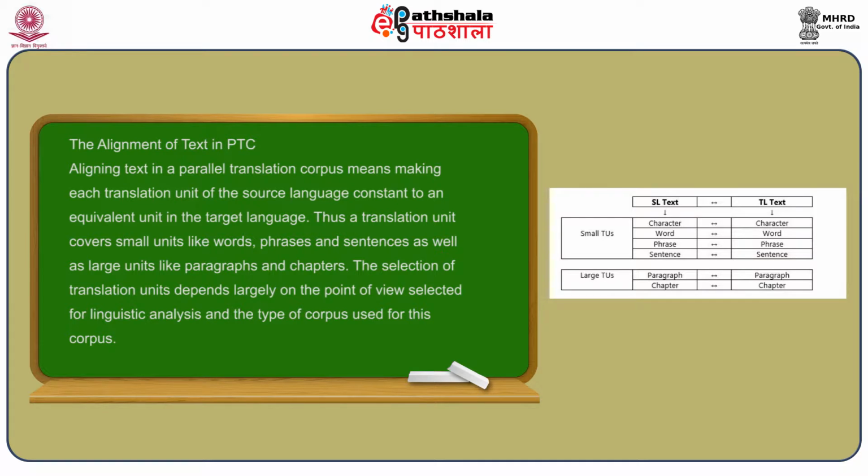However, the selection of translation units depends largely on the point of view selected for linguistic analysis and the type of corpus used for this purpose. If a parallel translation corpus asks for a high level of faithfulness to the original, as happens in cases of legal and technical texts, close alignment between sentences, phrases, or even words becomes mandatory.